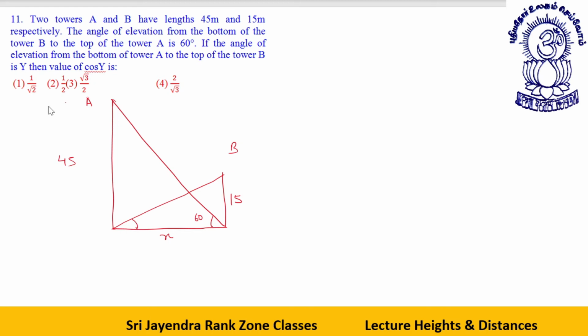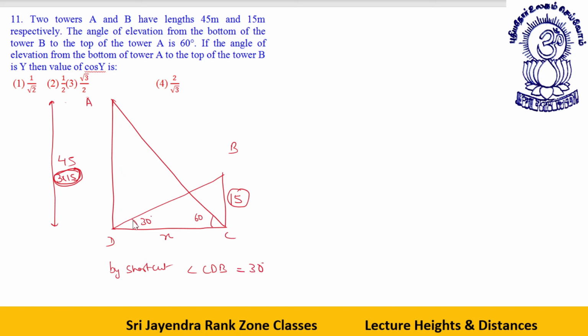See, the moment you see, this is actually 3 into 15. So this is 3 into 15, this is 15. So directly you can say these are 60-30 angles. So by shortcut, angle CDB is equal to 30 degree.